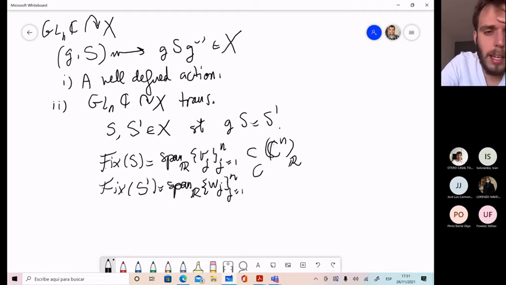So it turns out that for every two different C-bases of C^n, there is an element of GL_n(C) which maps one basis onto the other.